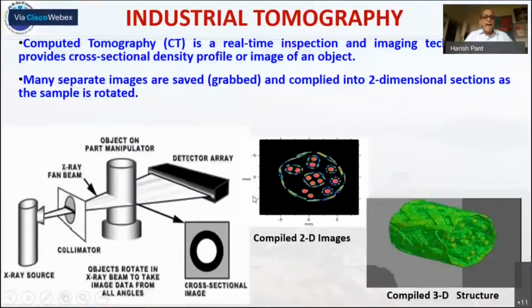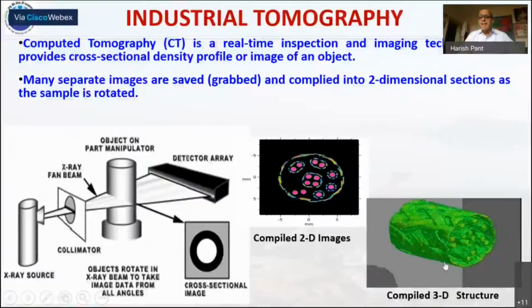Then at different cross sections, different tomographs are taken, and from those tomographs one can actually get a three-dimensional picture of the object.